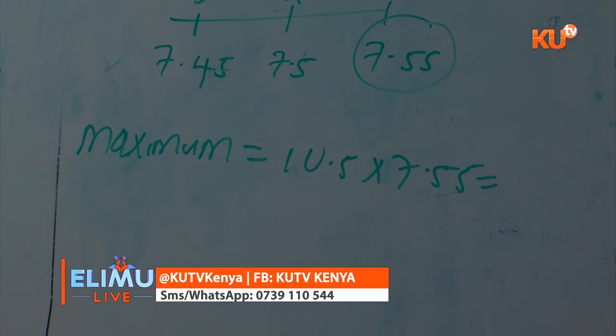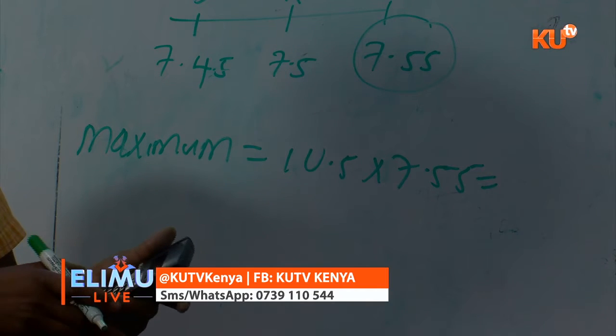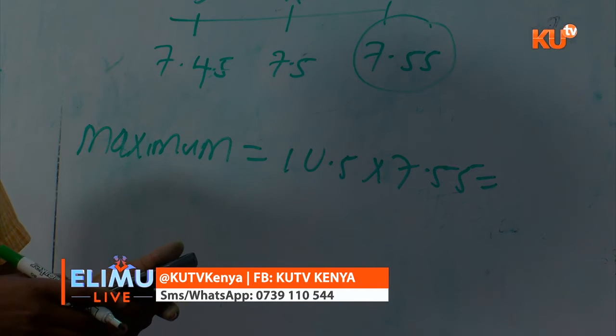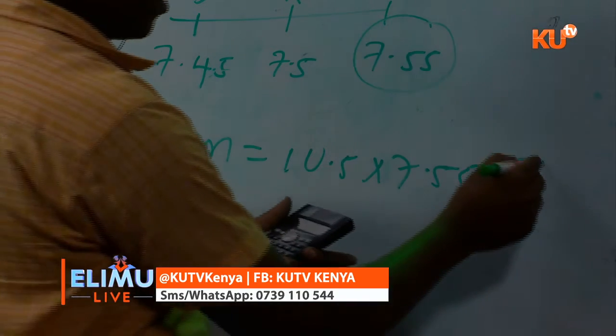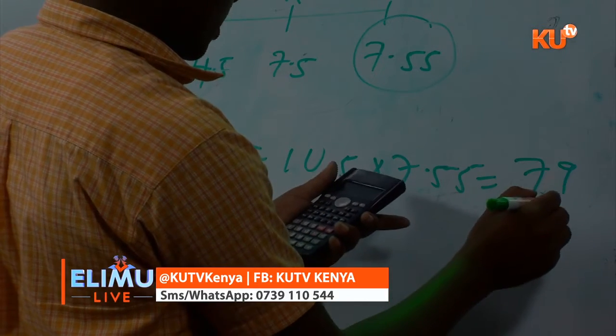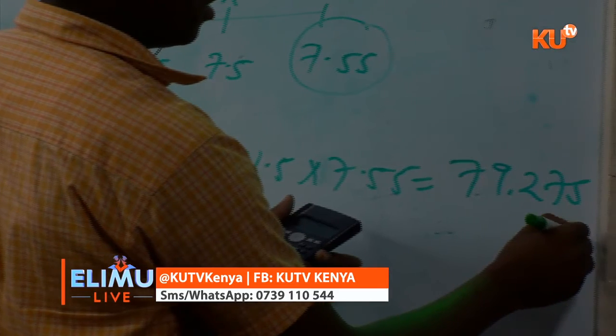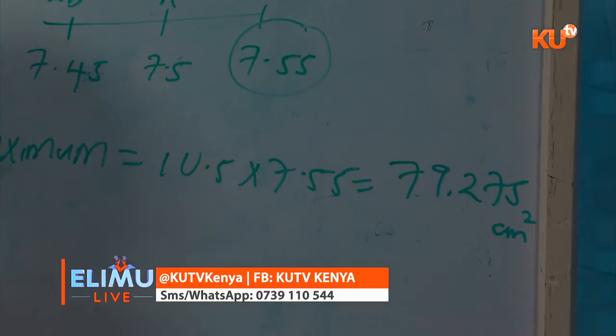Just take your calculator to avoid committing an extra error. You get 79.275 centimeters squared. That is our maximum area.